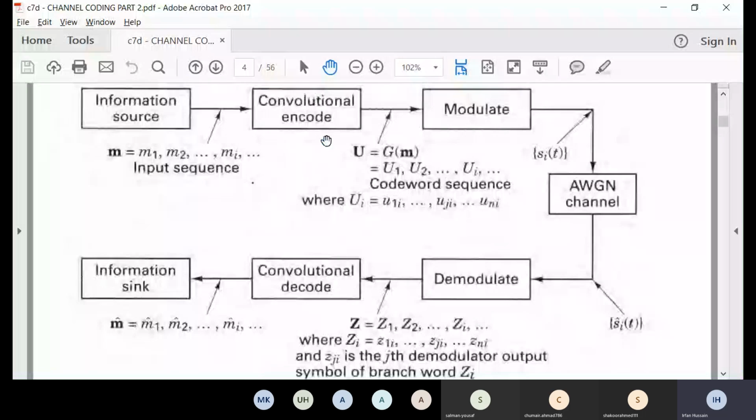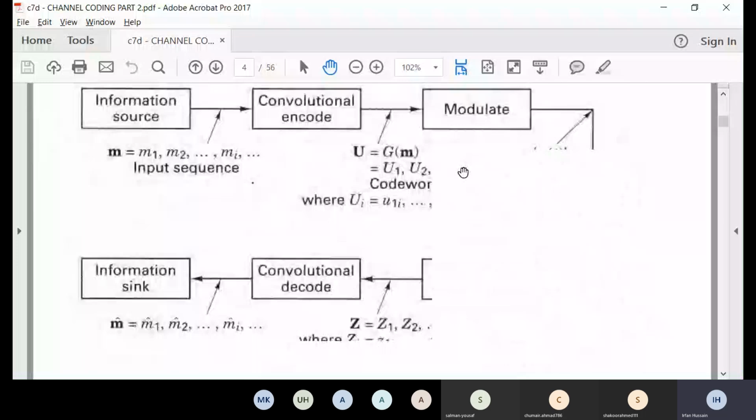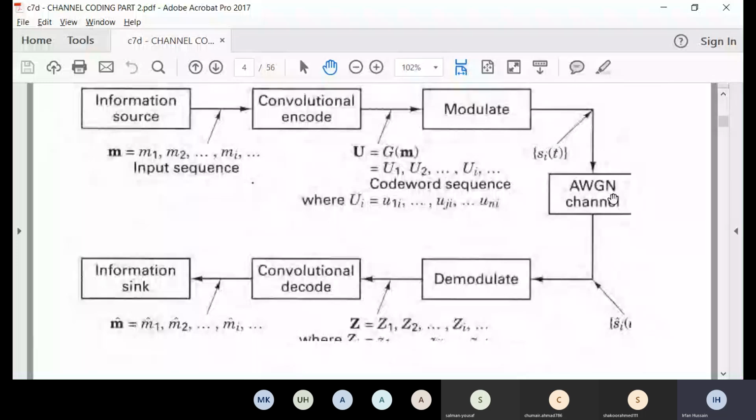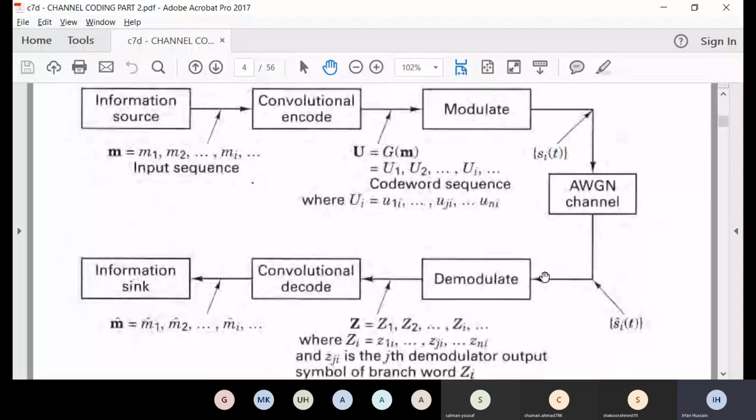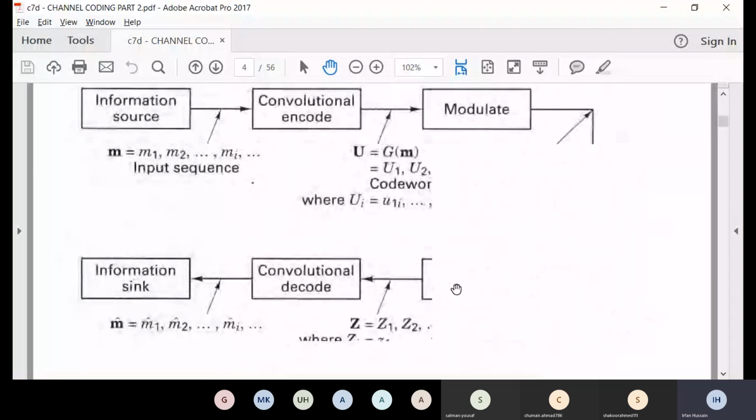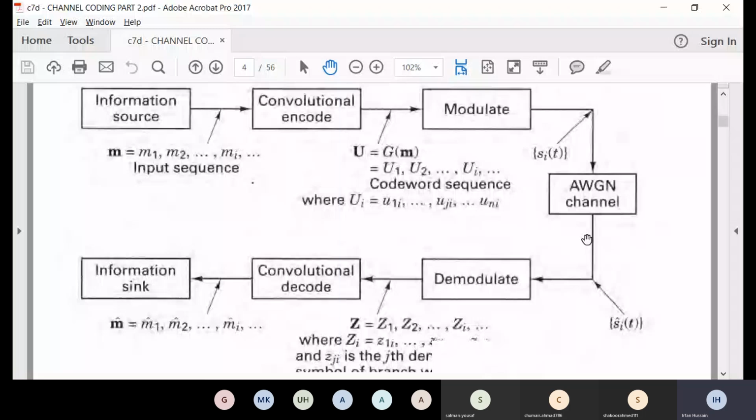Let us say I apply some convolution code and I get another sequence. I modulate it and pass it through this channel. By the way, this is also included in the course, and I have changed the course outline, so this is also included. Let us say I demodulate my received signal and I get another sequence. This goes to a convolution decoder and I get my input sequence.